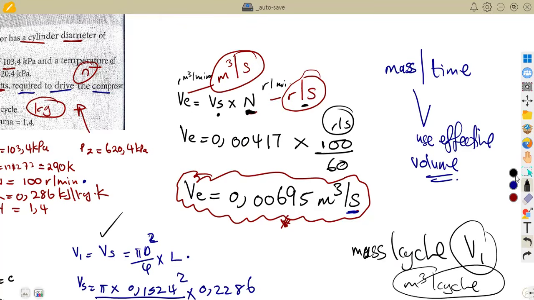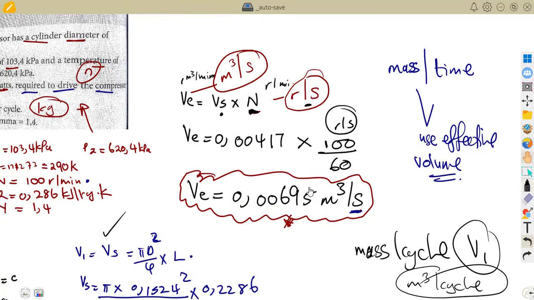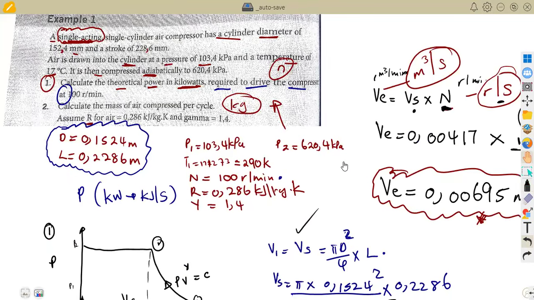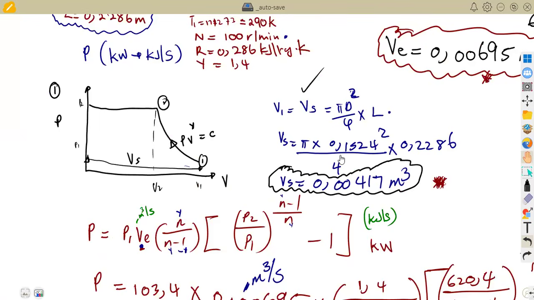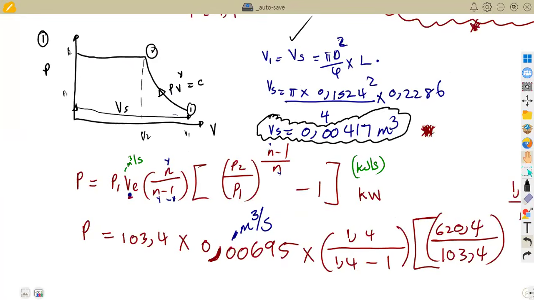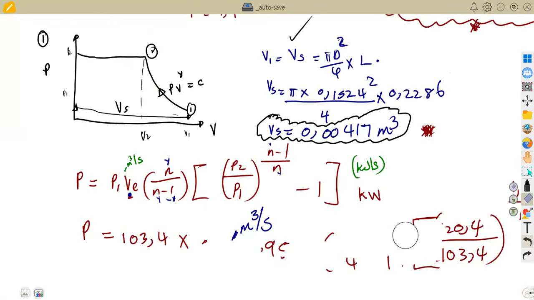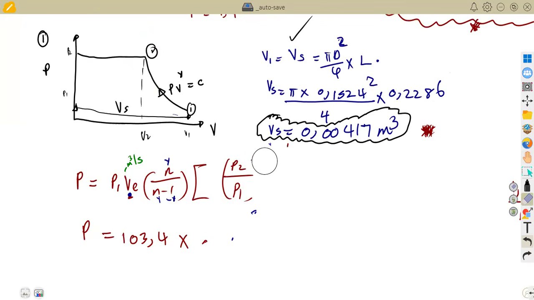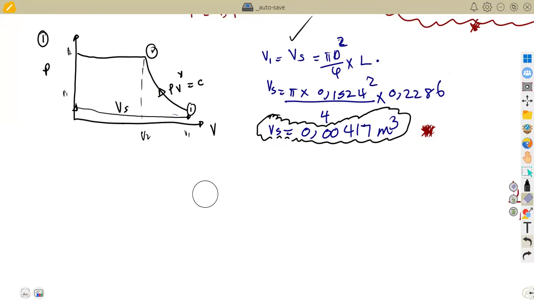Here they want us to determine the mass per cycle, so I must use VS. If I use VE, I will have to use N at the end to convert. But why do you have to risk every time you have to convert, whilst we have a formula direct that can suit? Let us just use the formula.